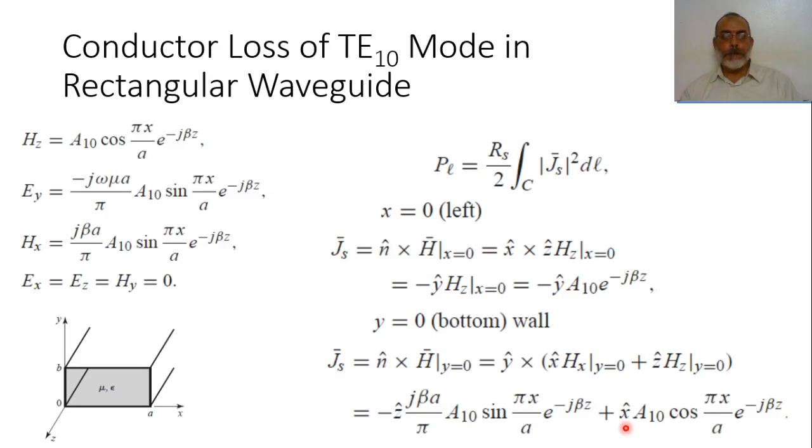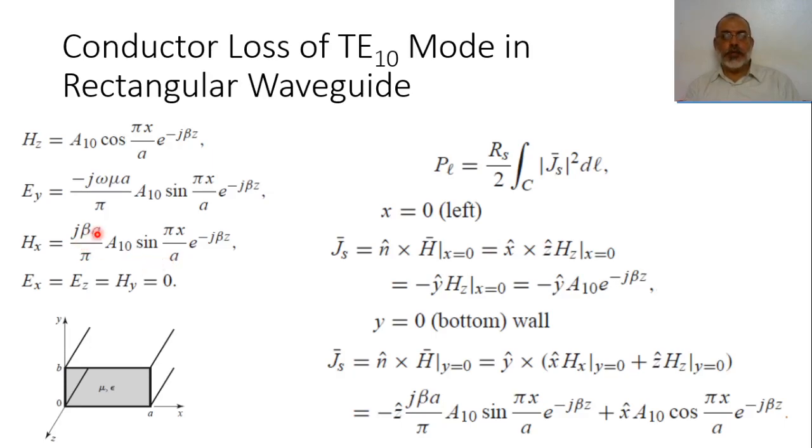So the surface current in the bottom wall would be the magnitude of the magnetic field Hx at y equals 0. Hx at y equals 0 is actually independent of y.